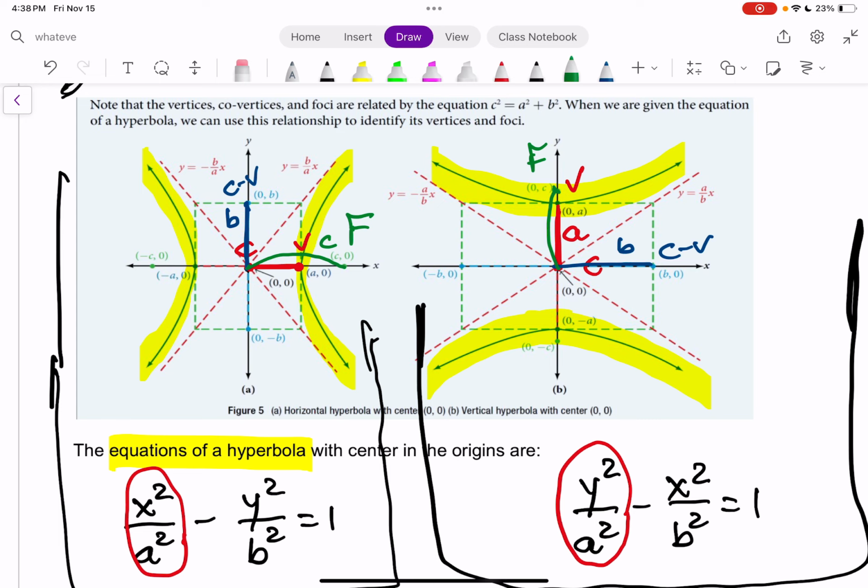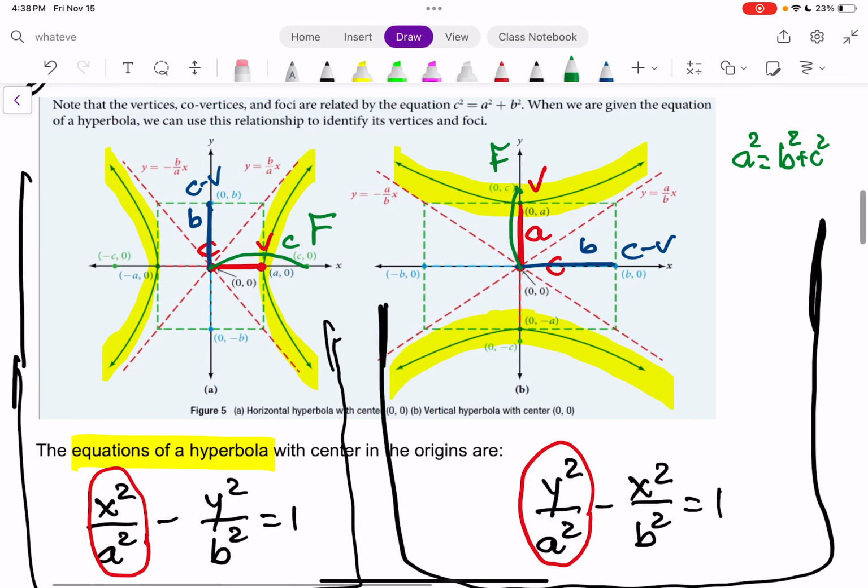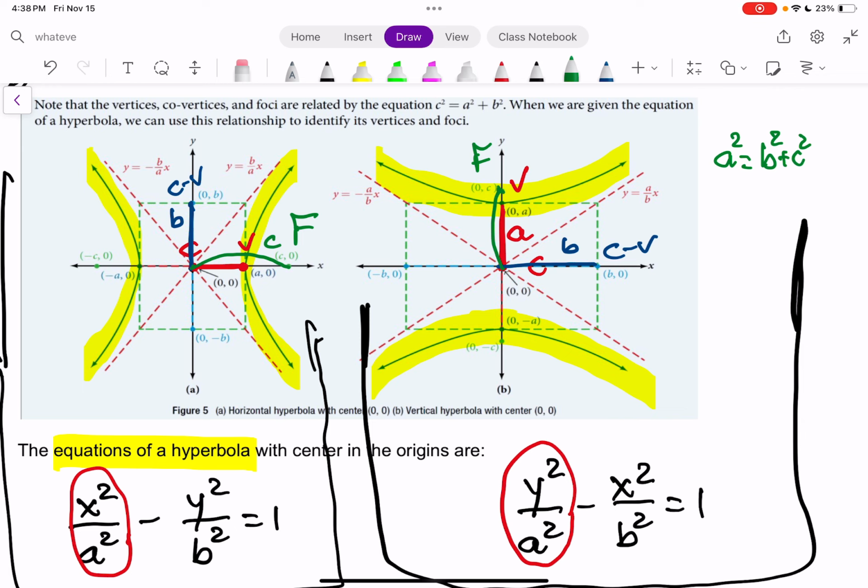And we need that equation that connects A, B, and C. Now, for an ellipse, we had A squared equal to B squared plus C squared because A, as you saw from all the examples we've done, was the biggest distance.